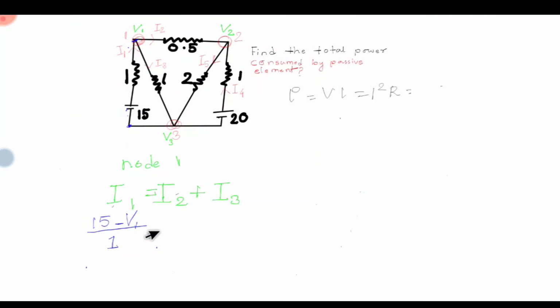Now for I2, which flows from V1 to V2: it is V1 minus V2 divided by the resistance between V1 and V2, that is 0.5.